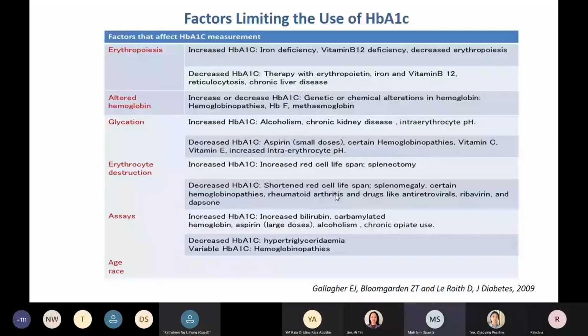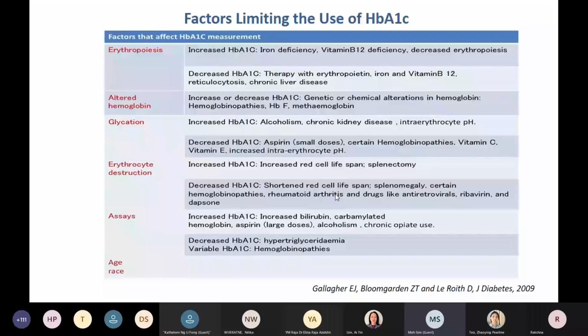Erythrocyte destruction is yet another factor that limits the use of HbA1c because it can affect the HbA1c values that are reported. Any condition that increases the red cell lifespan can potentially increase HbA1c values. Conversely, any condition that shortens the red cell lifespan can reduce HbA1c values.